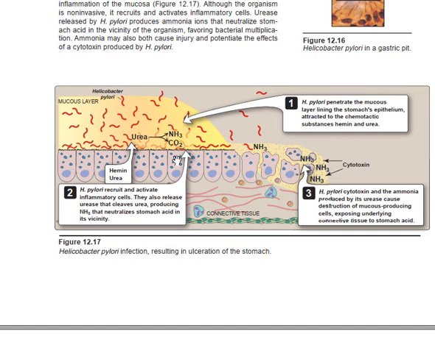Helicobacter pylori now recruits and activates inflammatory cells. The inflammatory cells are going to try to come to destroy the Helicobacter pylori. They also release the urease that cleaves the urea and produces ammonia and neutralizes the stomach acid in the vicinity. Is it clear?